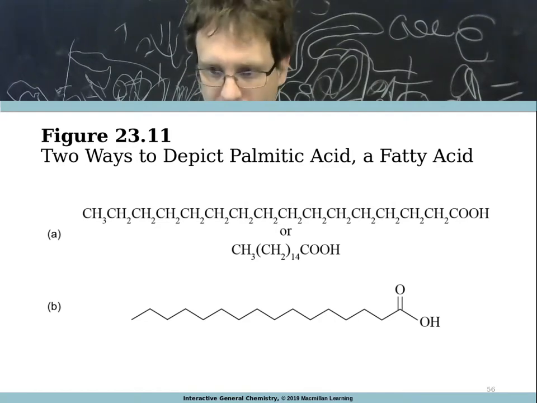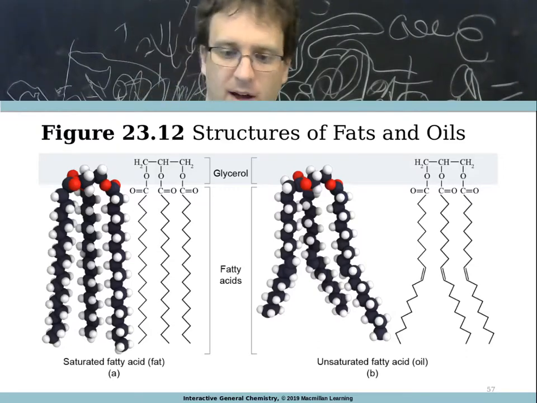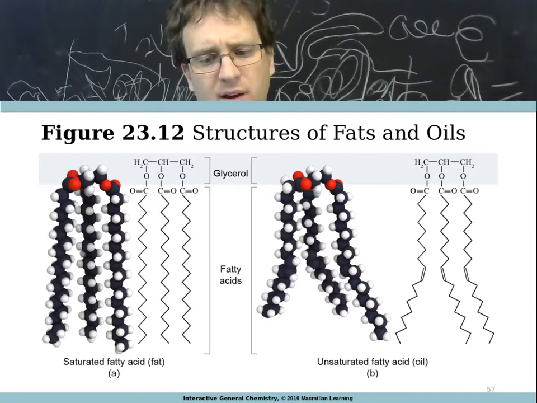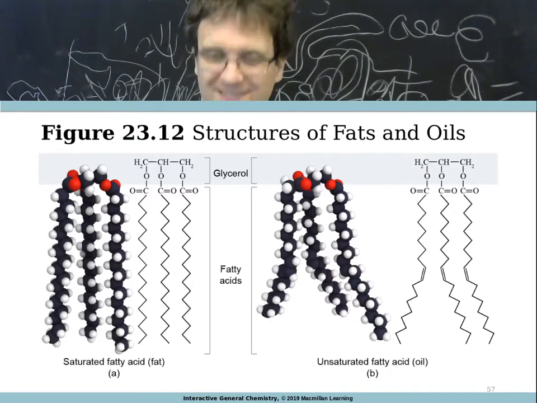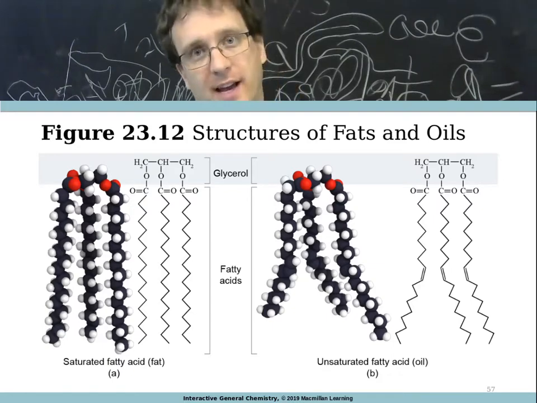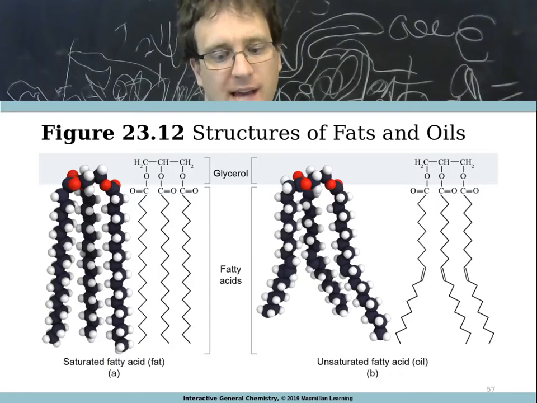So anyway, here's an example of a couple of different fatty acids. The one on the left has, these are triglycerides, fatty acids that have been linked to a glycerol molecule through ester bonds. So the triglyceride on the left has all single bonds, and so this is called a saturated fatty acid.